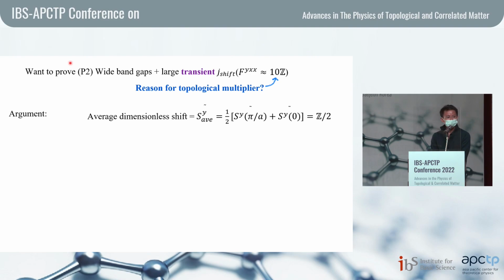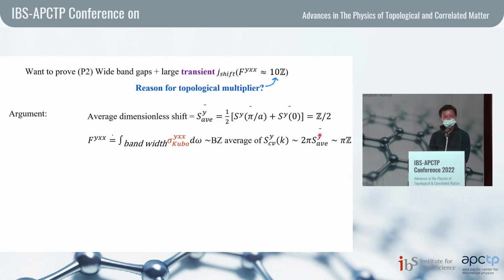Let me consider the average of the two dimensionless shifts. Notice the tildes. I'm taking half, so there's the average, and since each dimensionless shift is integer quantized, this is an integer over 2.